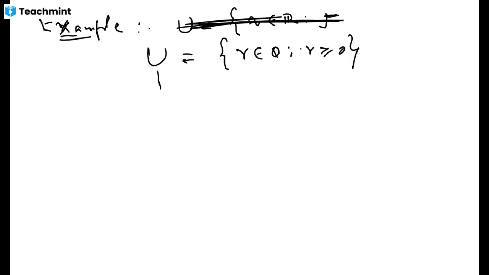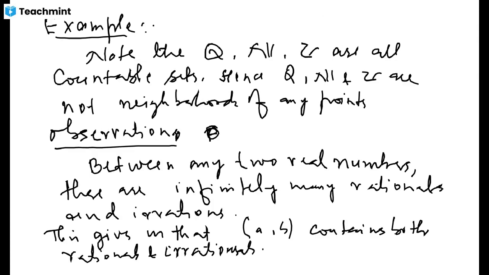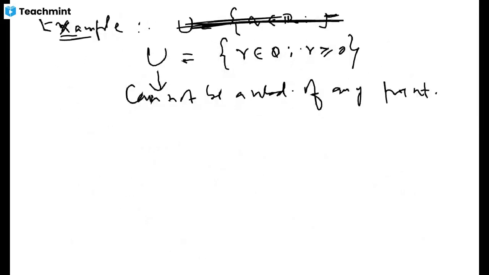Hence, this U cannot be a neighborhood of any point in it. In the classroom, I have discussed the set of rationals, set of integers and set of naturals not being neighborhoods using a countability argument, but this is also an important way to justify this statement.